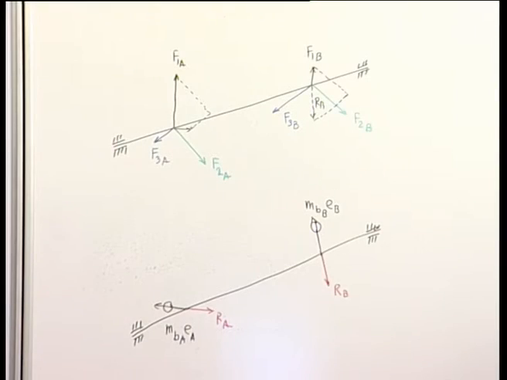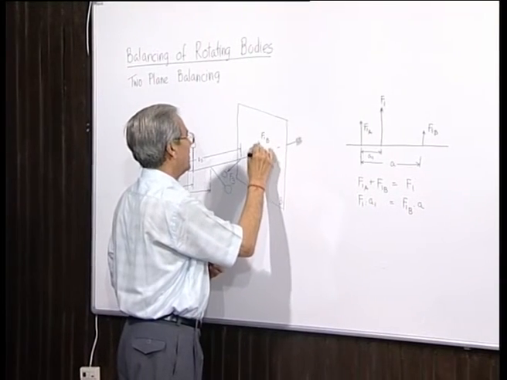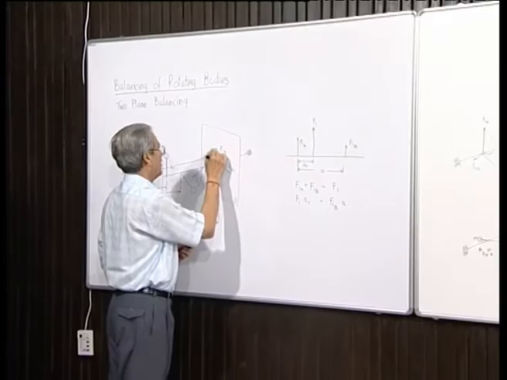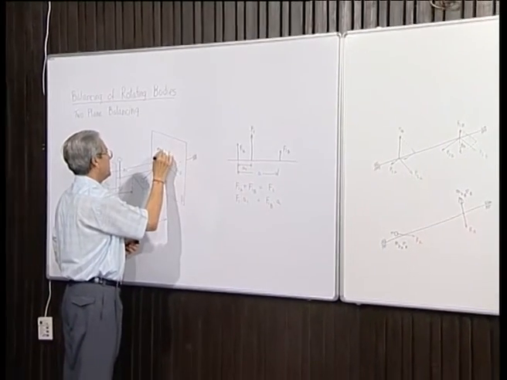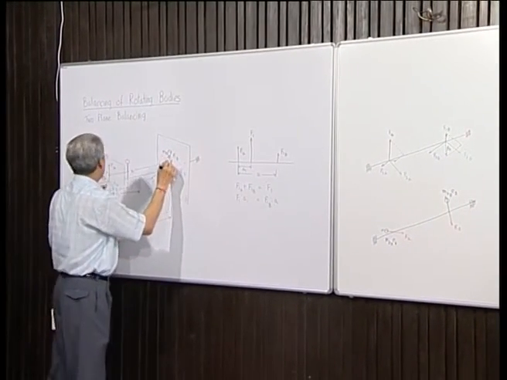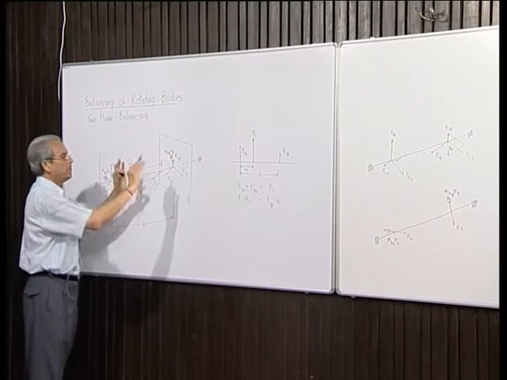So, therefore, with this system of 3 unbalanced objects, if you put 2 balancing masses here, MBA EA and MBB EB, then these 5 objects will balance each other.